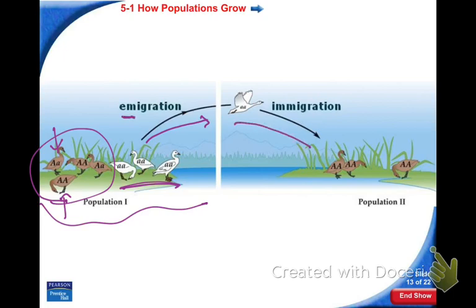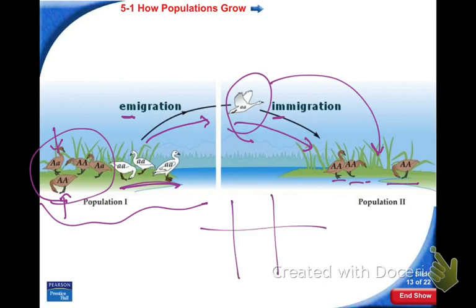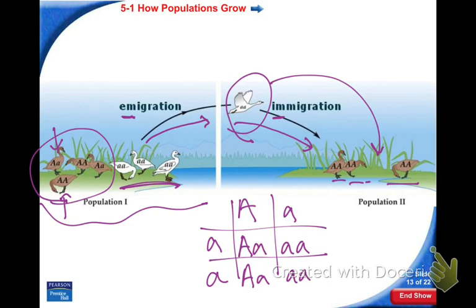And as soon as it enters this new population, now it's immigrating because it's coming in. And it would be bringing its DNA, its genetic variation into that new population, right? And as soon as it starts to mate with these individuals, remember our good old Punnett squares, if it mates with an individual that's heterozygous, you're going to get more individuals that show that recessive trait.